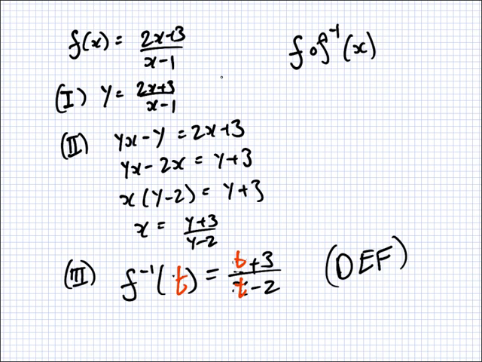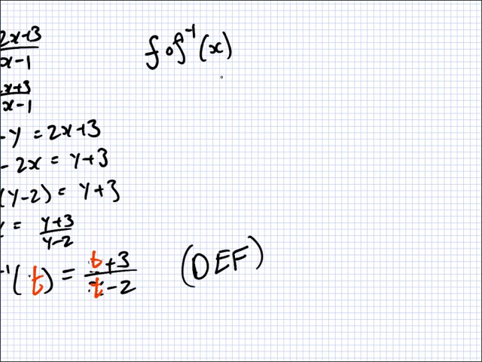Why do we use the 3 steps? (y plus 3) over (y minus 2) is the inverse of f(x). Ah, that's a better question. Okay, so think about it like this.